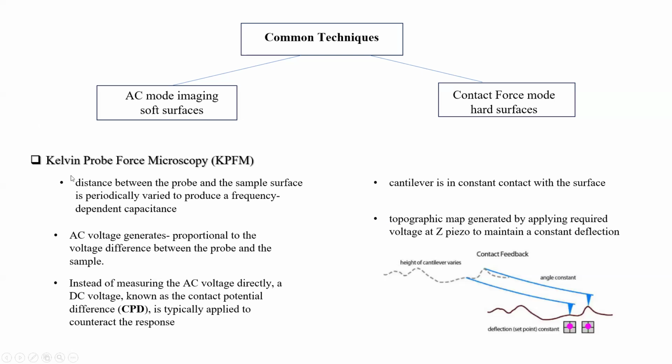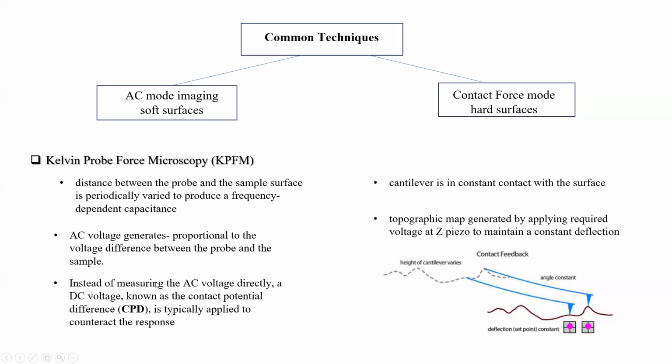A very well-known type of AC mode imaging is Kelvin probe force microscopy, KPFM, where the tip is conductive because it's scanned over the surface to record the electrostatic potential map. Here, the distance between the probe and the sample surface is periodically varied to produce a frequency-dependent capacitance, which in turn generates an AC voltage, which is proportional to the voltage difference between the probe and the sample.